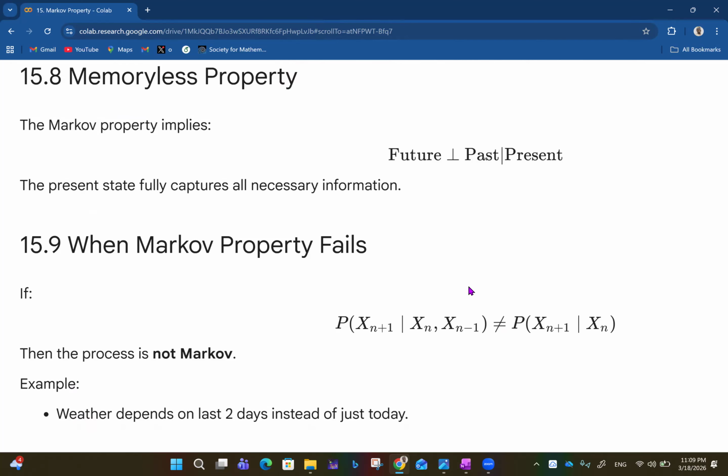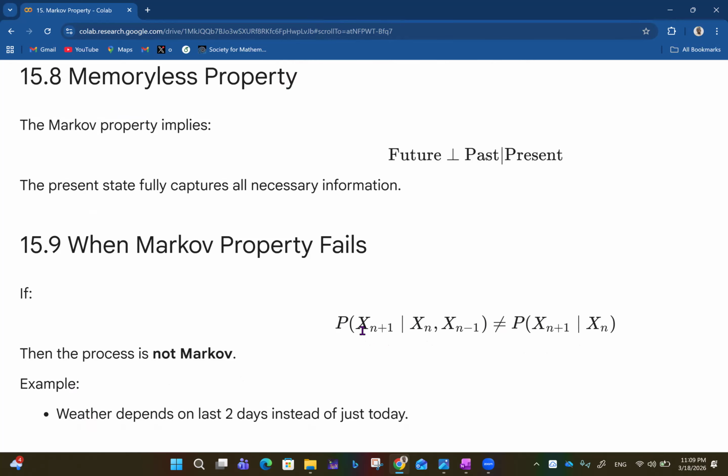Then when the Markov property fails: if the probability of xn plus 1, given xn, xn minus 1 and so on, is not equal to the probability of xn plus 1 given xn, then the process is not Markov. In essence, what this would mean is that xn minus 1 matters in this situation, because in the Markov situation, only xn determines xn plus 1.